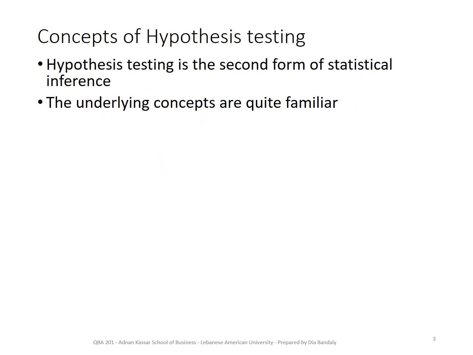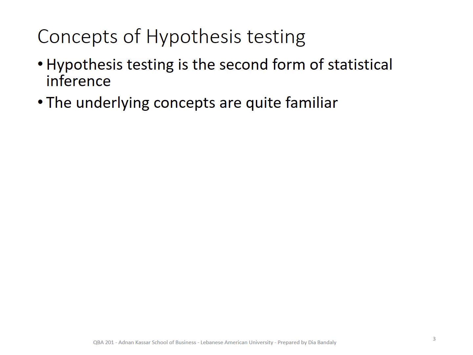Okay, so we have learned hypothesis testing, in fact, is your second method of inferential statistics, because we have learned in the previous topic how to estimate the population parameter using the confidence interval, right?